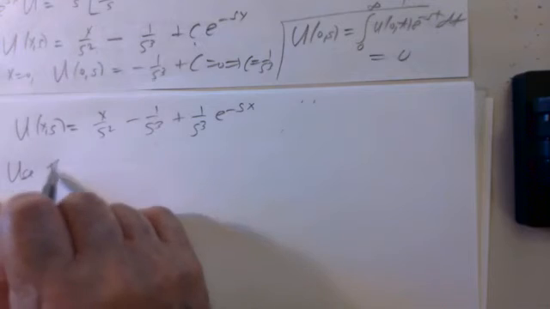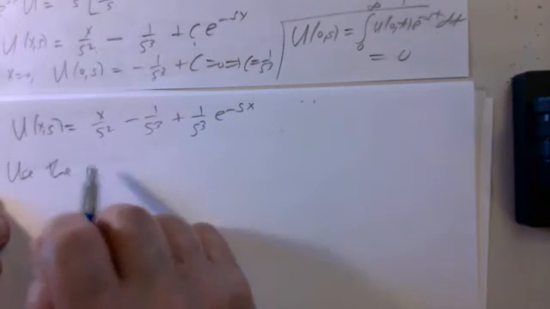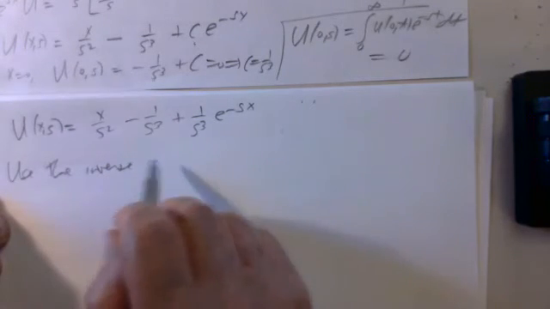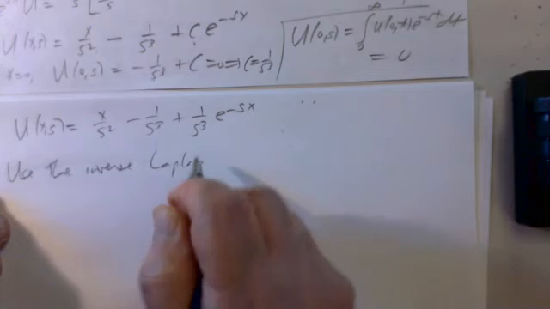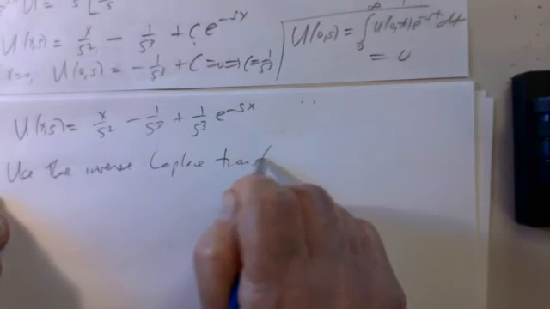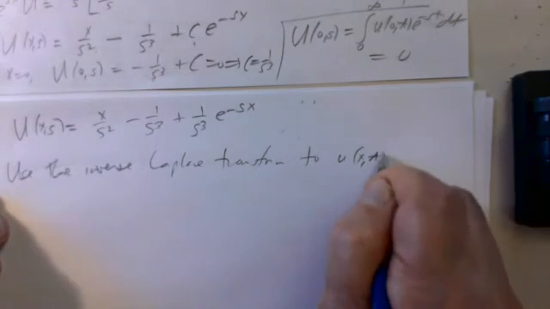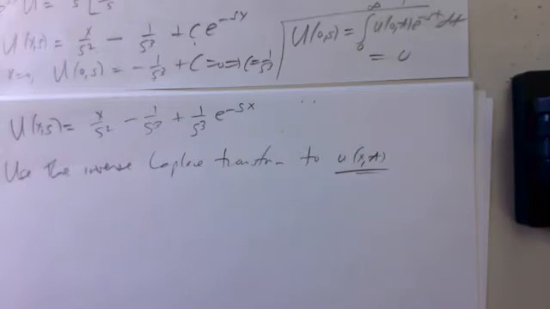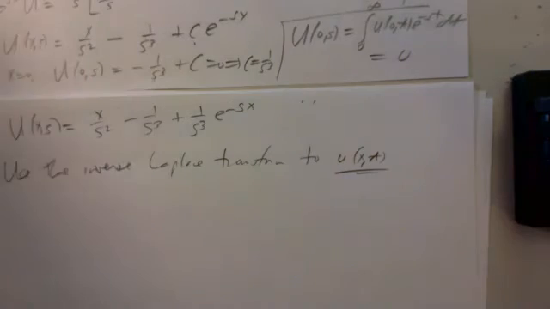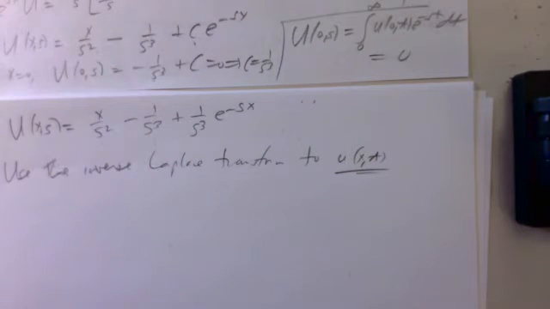So then we have to use the inverse Laplace transform to find u of x comma t. So go to our table of Laplace transforms.